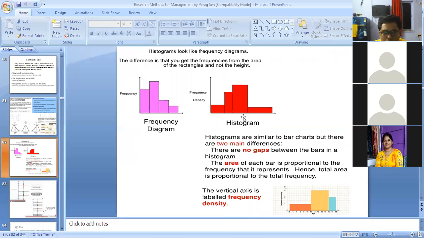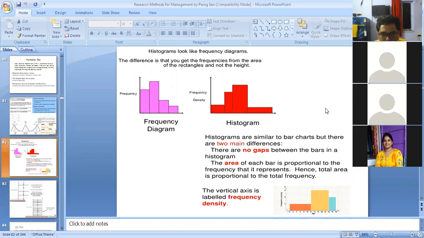This is the histogram. Suppose you are representing a bar chart. In case of a bar chart, suppose you represent what percentage of students belong to the engineering department in VIT, what percentage belong to the business school of VIT, what percentage belong to the law school of VIT.